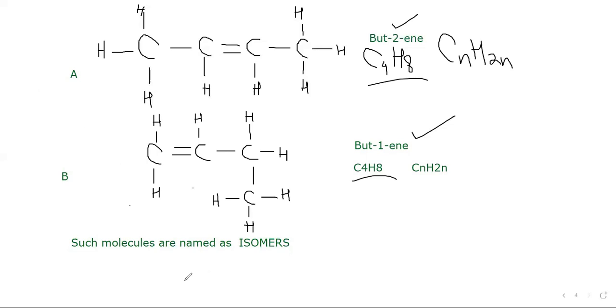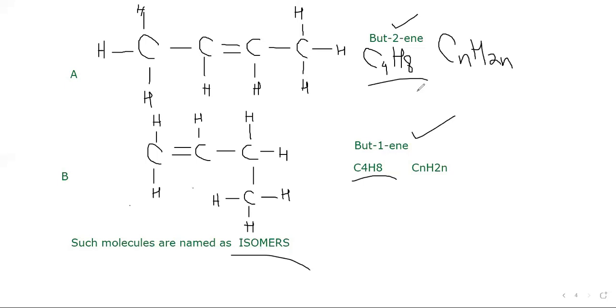Or simply isomers, you can call them; both words are acceptable. Structural isomers are compounds that have the same molecular formula but different structure. Beware of this keyword.